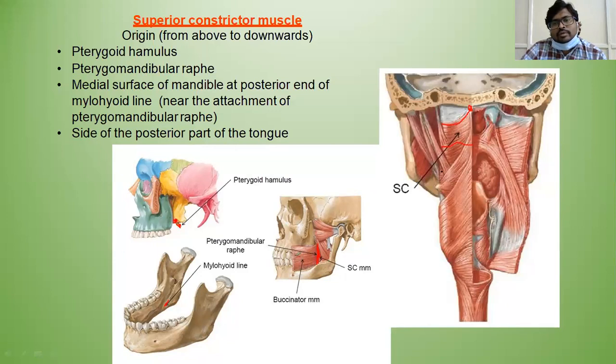Now coming to the lower fibers. The lower fibers project downwards, backwards and medially. They are covered by the middle constrictor, but ultimately they insert into the median raphe up to the level of the vocal cords.